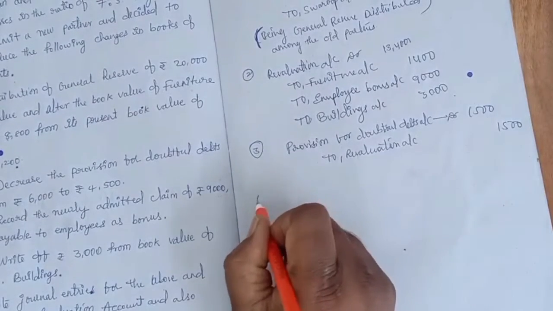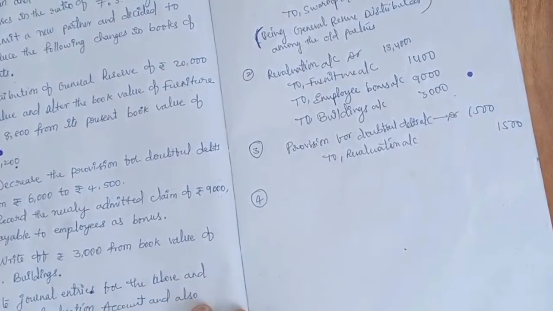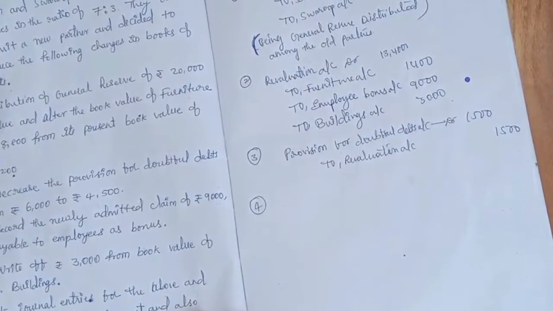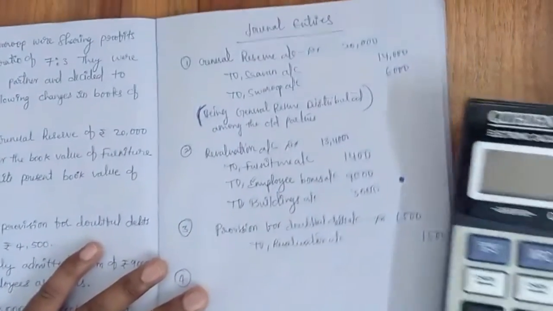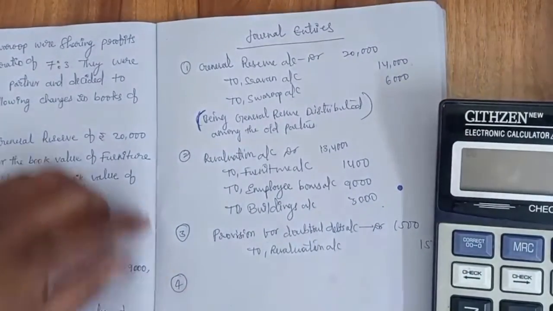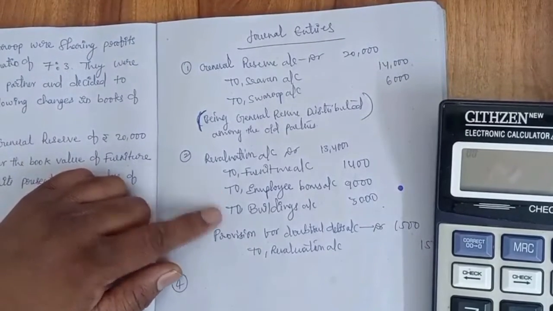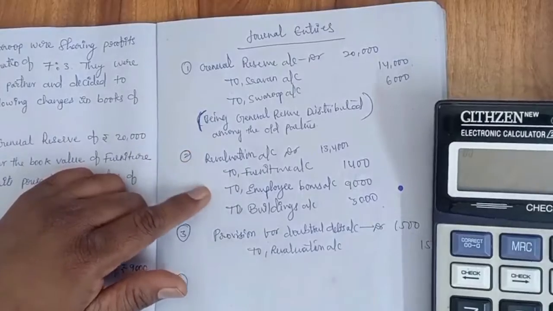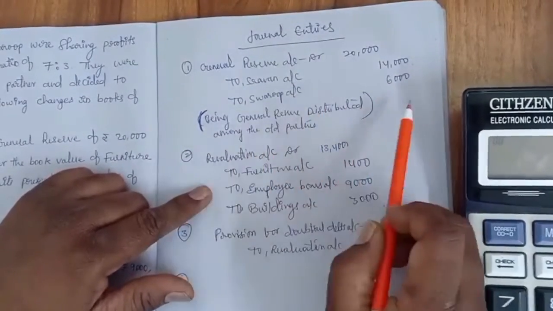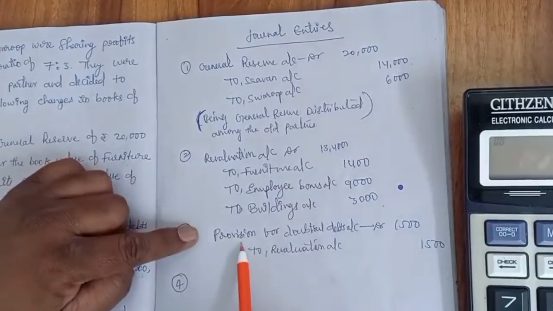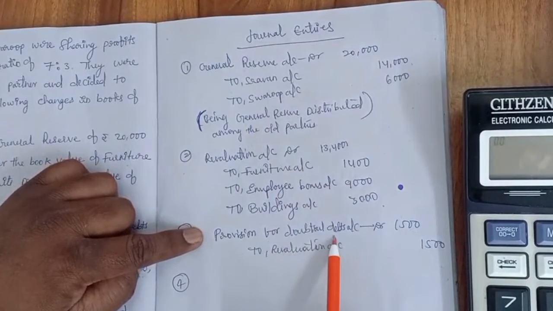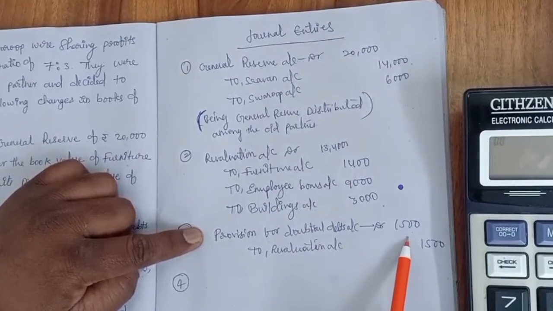And what is the last one here? Right. What you do is subtract all debtors from creditors or all creditors from debtors, whichever is higher. So the provision for doubtful debts of 1,500 is on the creditors side.